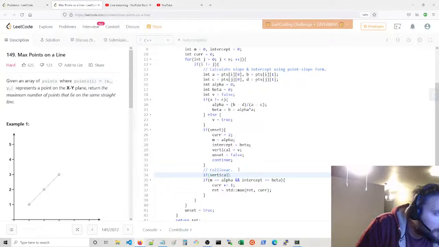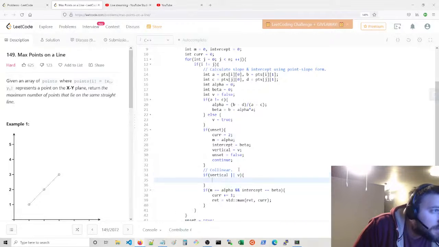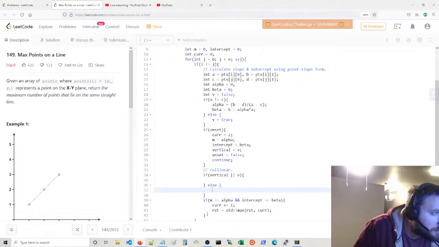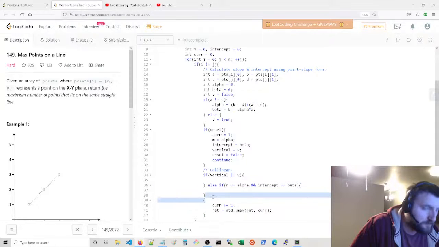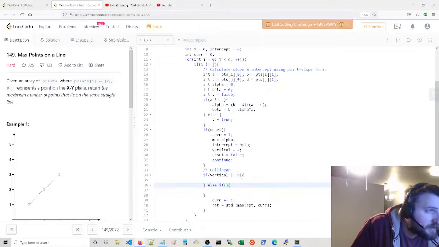If vertical or v, then we're gonna say, if neither vertical nor v, then we can do the other one. So part of this is, it really is something like this.